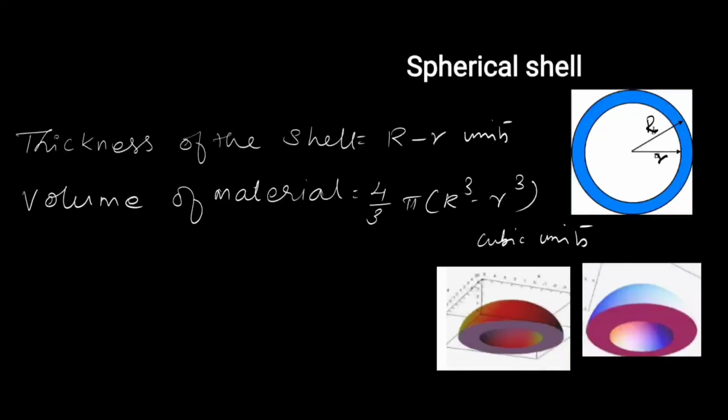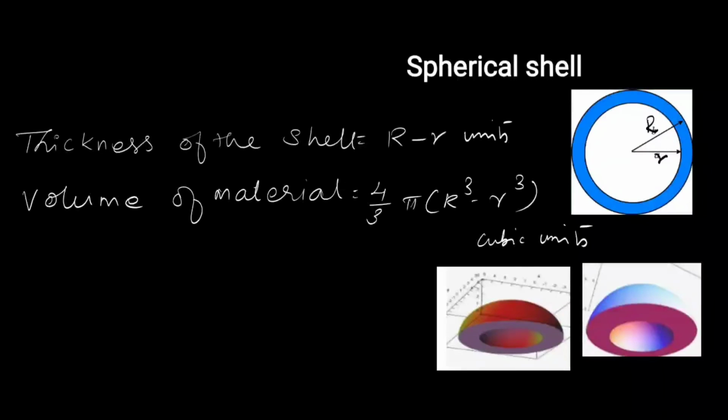Shell means the inner part has an empty space in it. The thickness of the shell is R minus r. Here the capital R indicates the outer radius of the spherical shell, and the small r indicates the inner radius of the spherical shell. So there are two radii to be considered, capital R and small r.